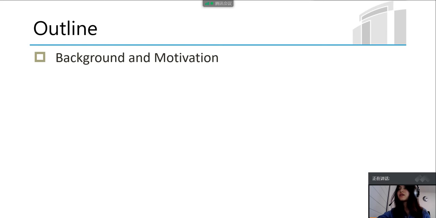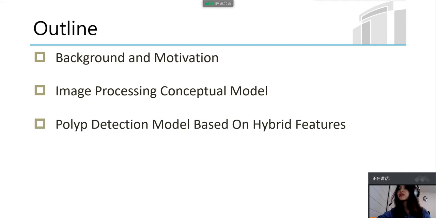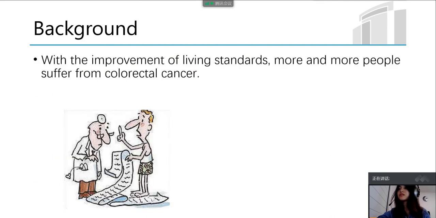First, background and motivation, in brief. The second part is going to show the image processing conceptual model. In the third part, the specific polyp detection model based on hybrid features will be further introduced. And the fourth part is the experiment. Finally, we get the conclusion.